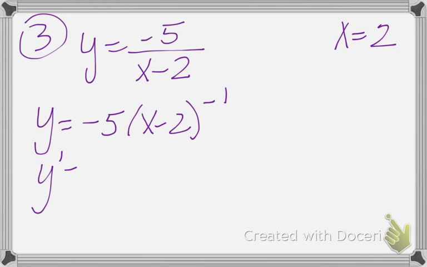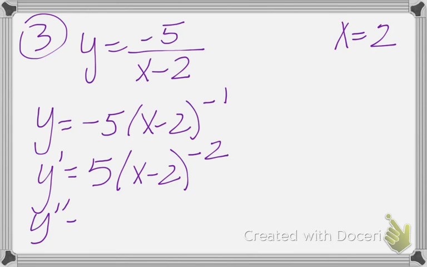So the first derivative is going to be a power rule, -1 times, a chain rule, -1 times -5 is a positive 5. Keep the inside, -1 minus 1 is -2. But we need the second derivative, so we're going to get -10, it's chain rule again, to the -3.